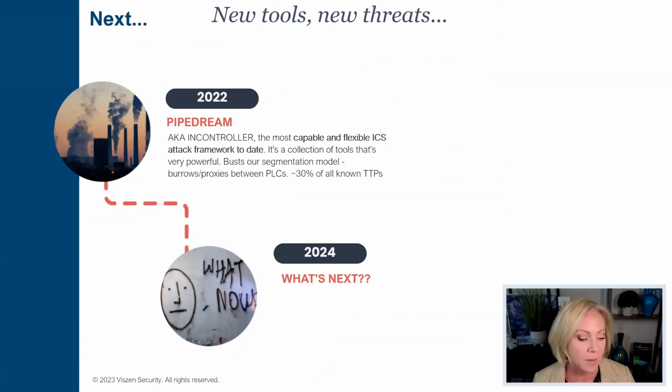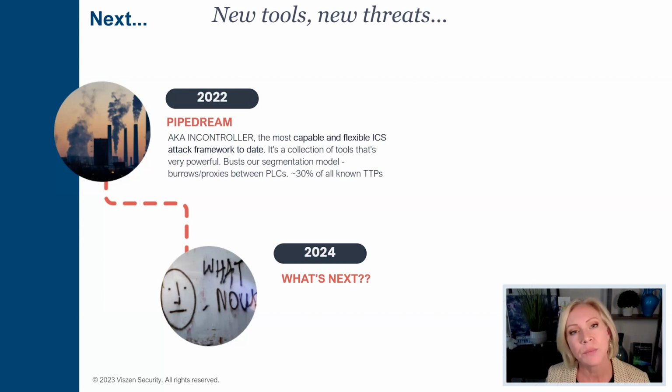And then now we're at the time where we have some additional tools that are designed and built specifically to attack critical infrastructure sectors and the ICS systems in those, with Pipedream. And Pipedream is significant because there are definitely attacks, and Pipedream is one name for a collection of tool sets in this space.